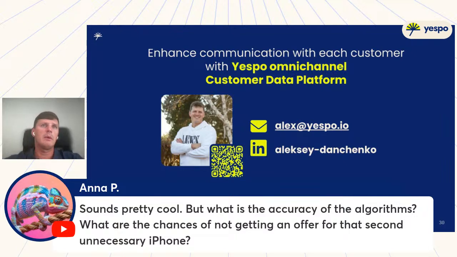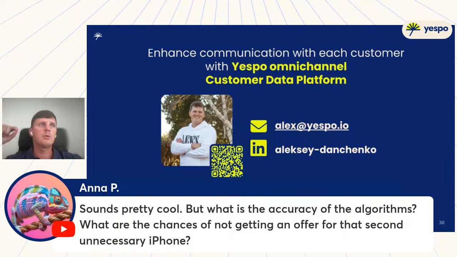Well, the accuracy of algorithms, and in general, the accuracy of any transformer. What is the accuracy of ChatGPT 4 or 4.0? It's a vanity metric for these things. You should look at the actual results, whether you see uplift in sales after implementing this technology, or you don't see.